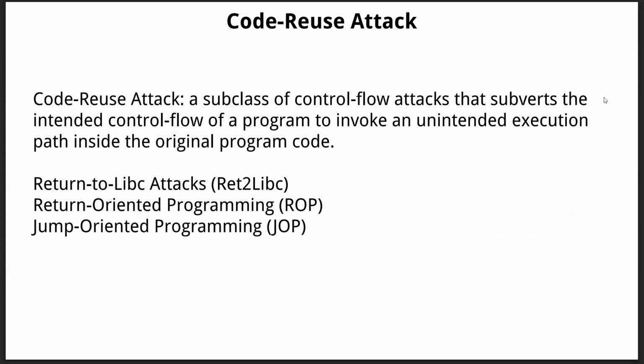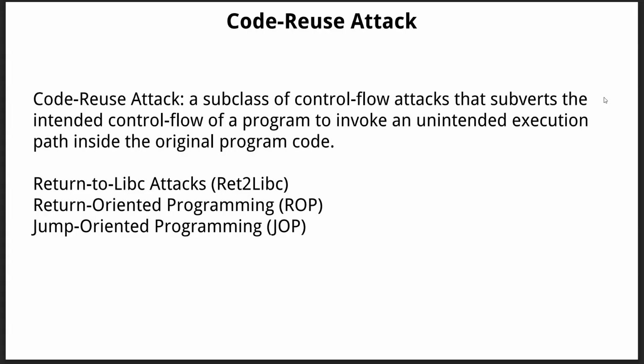Another class of attack, like return to libc, is called the code reuse attack. This is also a control flow attack, but you do not inject shellcode there. What I showed you just now, return to libc, or what I talked about just now, return-oriented programming, you are reusing code already in the address space, like the system function, like the print secret function, or even not a full function, just several instructions ending with return or other instructions.